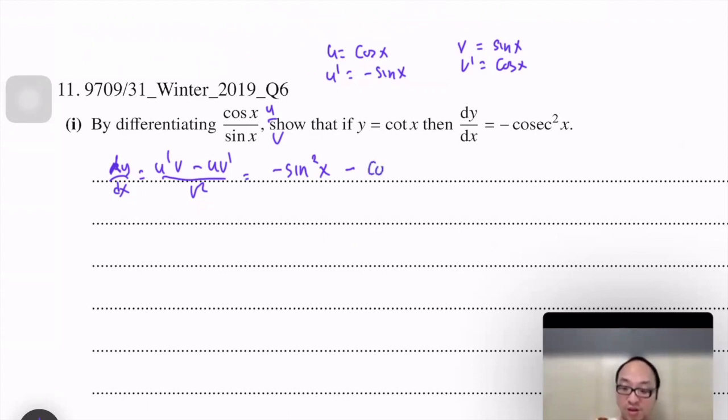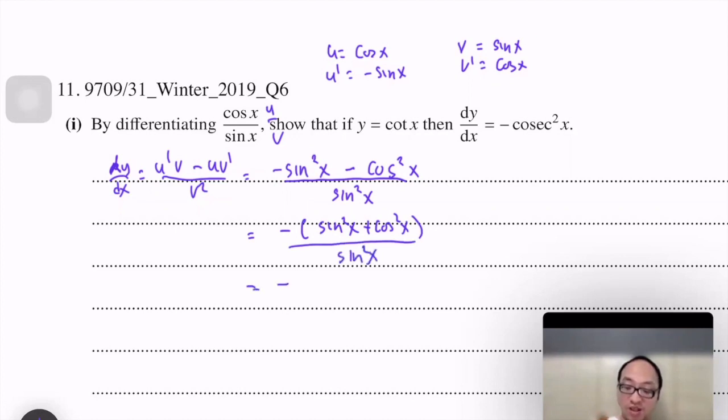So cos x times cos x becomes cos square x, then over v square. v square is sin square x. So this is negative bracket sin square x plus cos square x over sin square x, which equals minus 1 over sin square x. So this is minus cosecant square x.